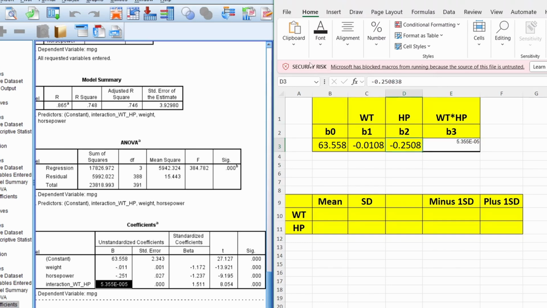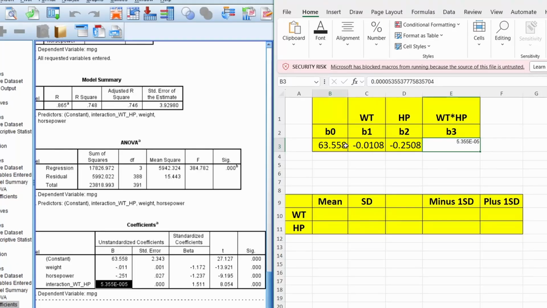Actually, this is okay. It looks a bit weird, but anyway, it's a very small number, essentially 0.00005. It doesn't matter either way. This is not the focus of this tutorial. As long as it's significant, we can do the interaction plotting.